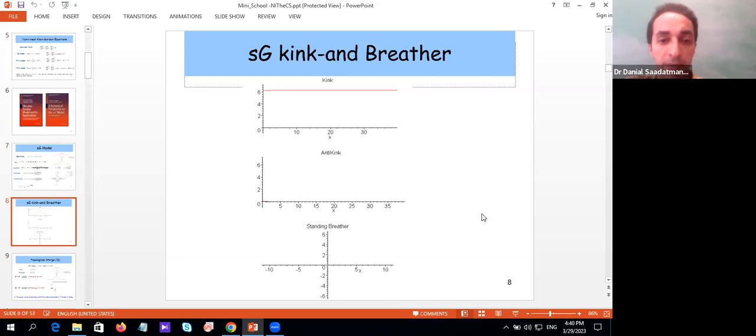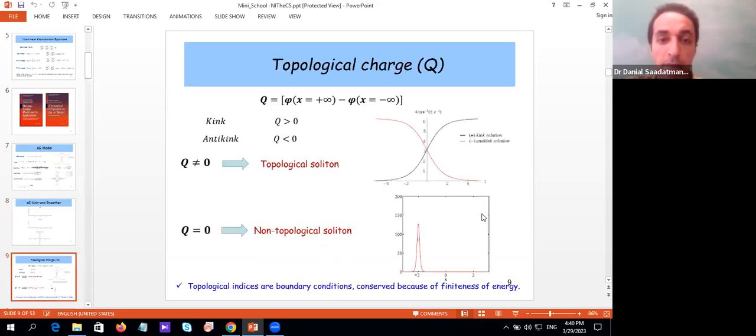There is a specific conserved quantity in this model, which is called the topological charge. The topological charge is always conserved during the interaction of the solitons. The topological charge can be defined by the difference between the value of the field at plus infinity minus the value of the field at minus infinity.